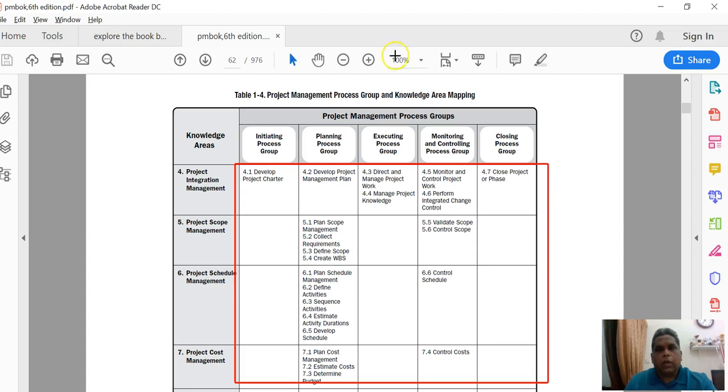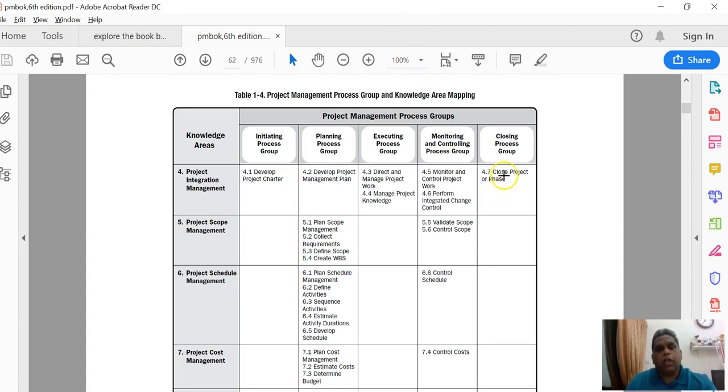Now, in the next few videos, what I would like to do is take you through some of the management deliverables in terms of the content that goes into each of these deliverables. For example, 4.1 is a process which gives us a project charter document. What is a charter document? What are the contents of a charter document?